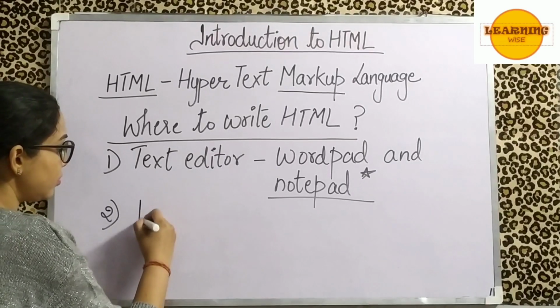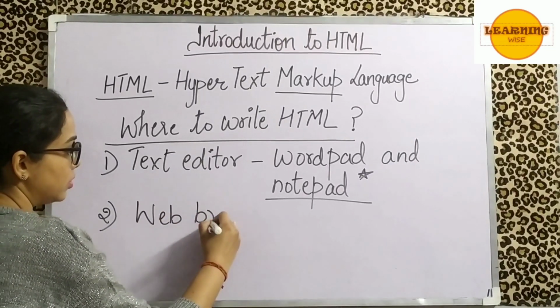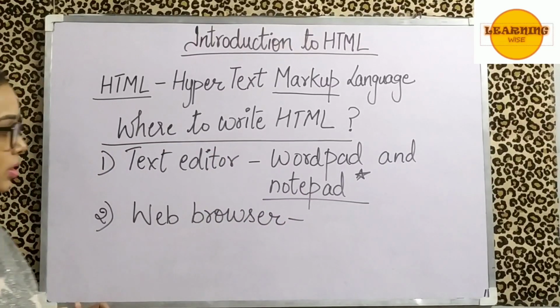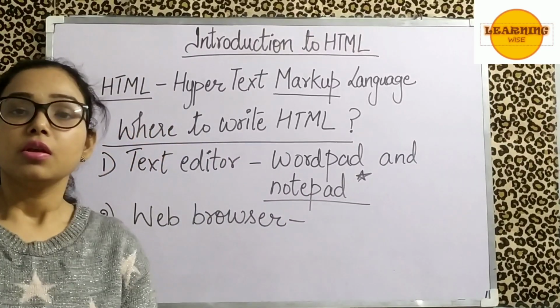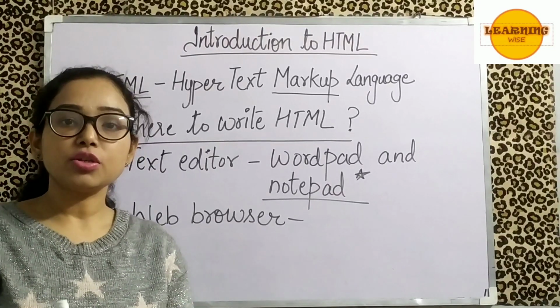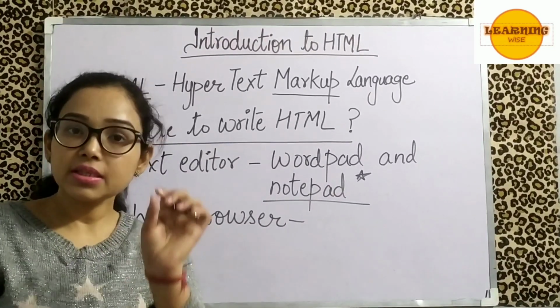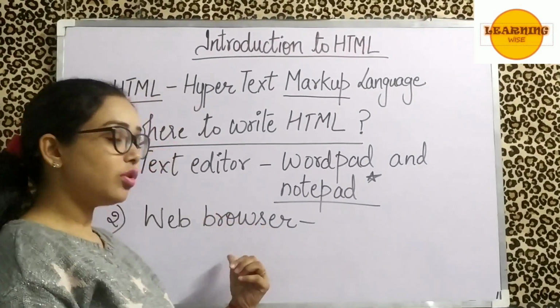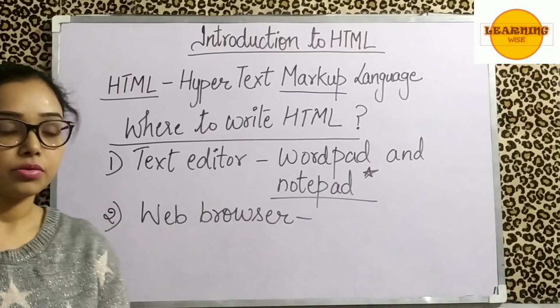Okay, a web browser. Now let's talk about the web browser in short. A web browser is software which is basically meant to show the internet. It is the software which connects you to the internet. Without a browser you cannot access the internet, right?